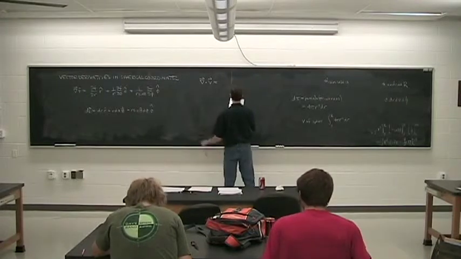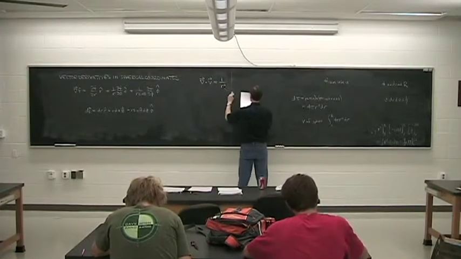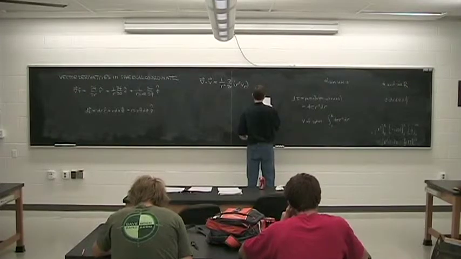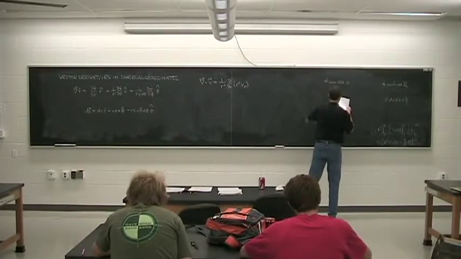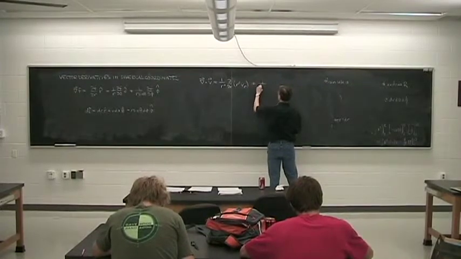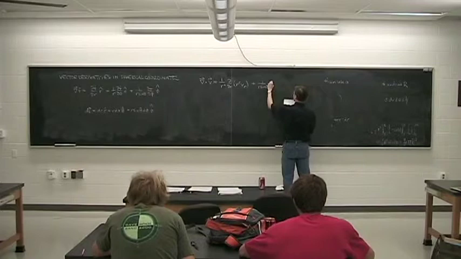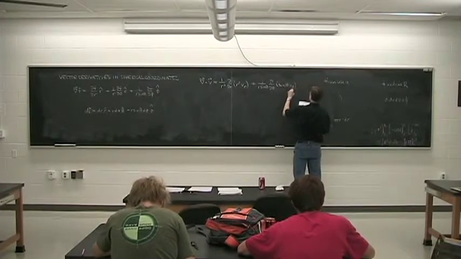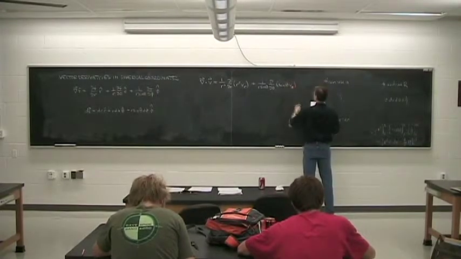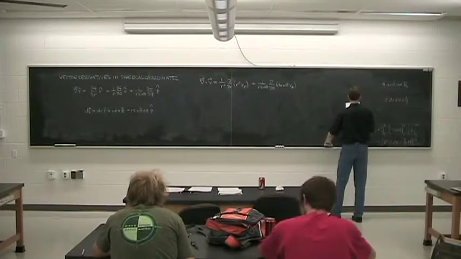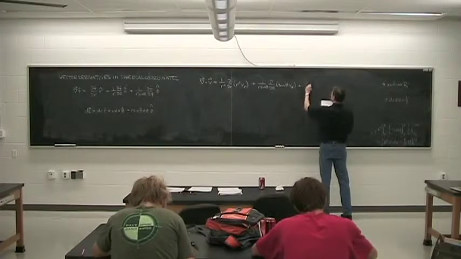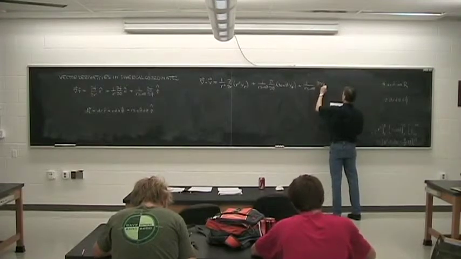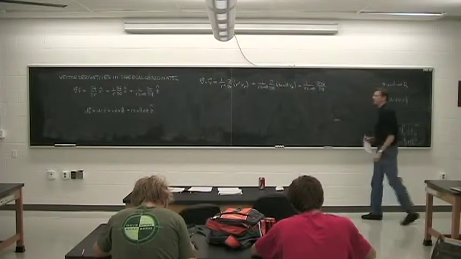Oh no, no, no. It is equal to 1 over r squared times the partial with respect to r of r squared times v sub r, plus 1 over r sine theta times the partial with respect to theta of sine theta times v theta, plus 1 over r sine theta times the partial with respect to phi of v phi.